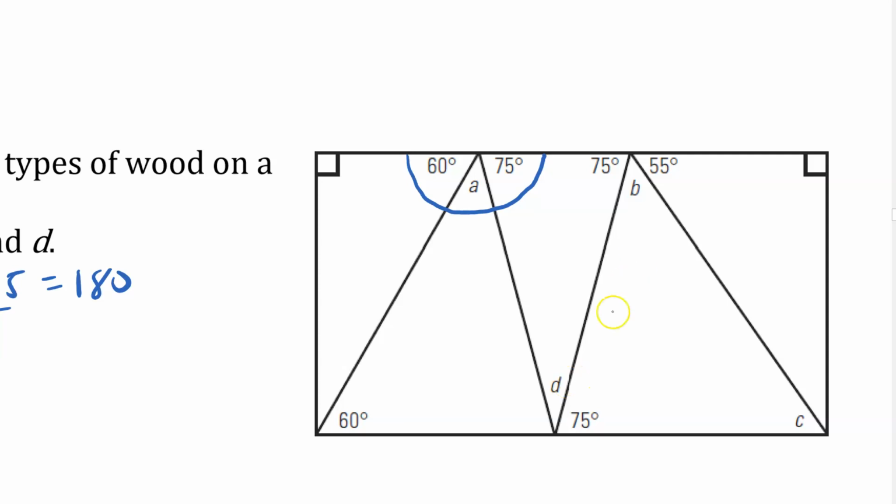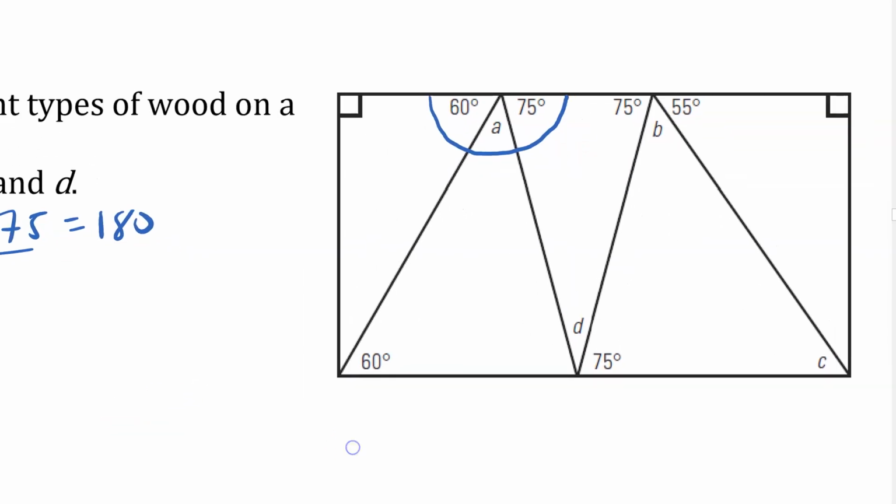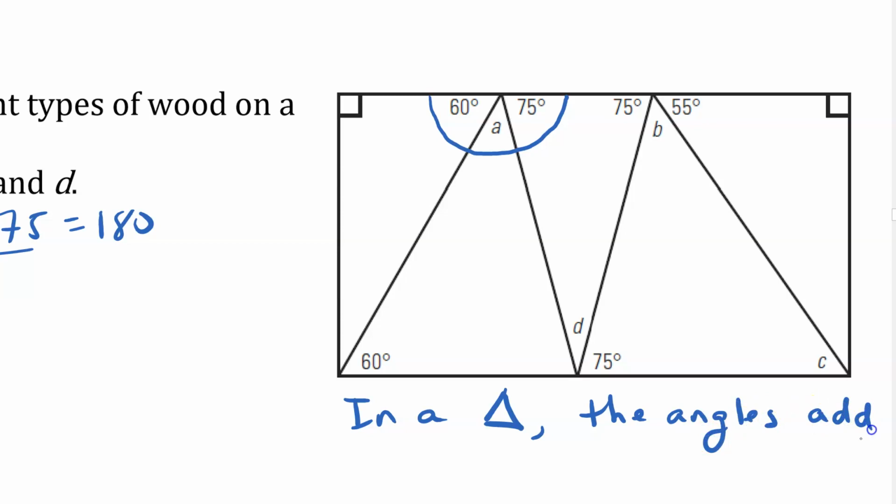Yeah, and I would say it's a bit of a challenge. If you can do C and D, it's possible to do, and the principle behind figuring out those is that inside a triangle, the angles add up to 180 degrees.